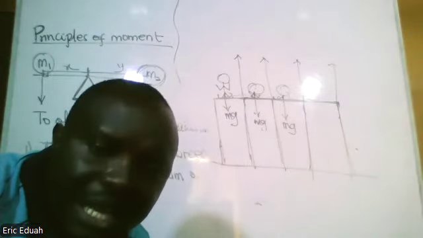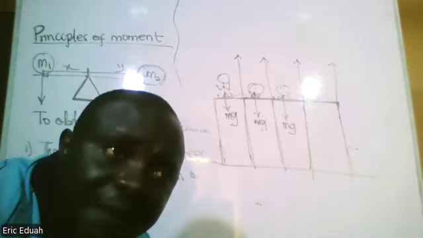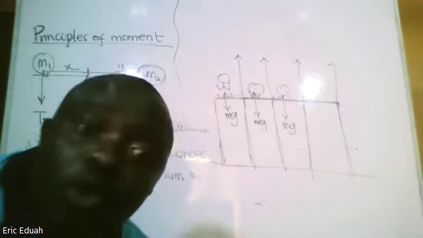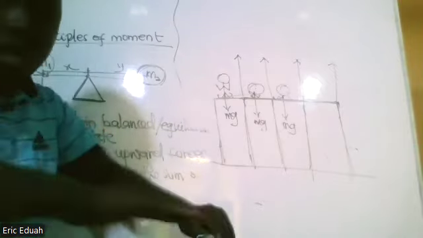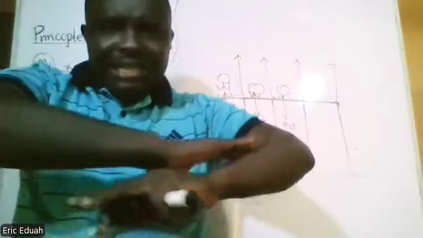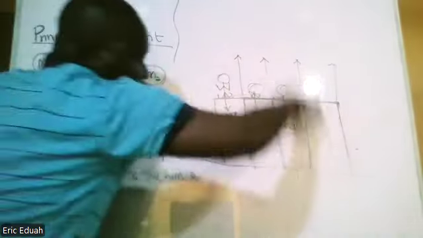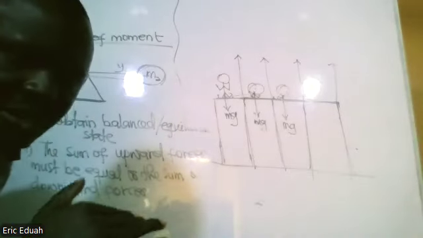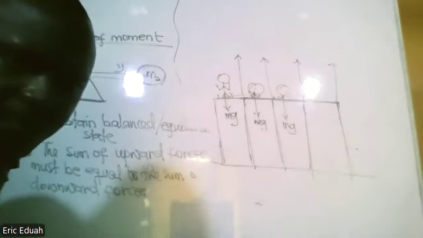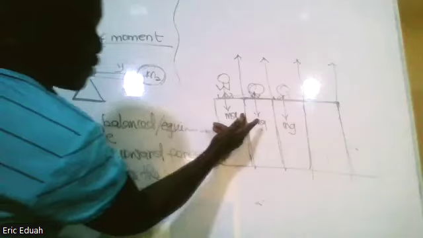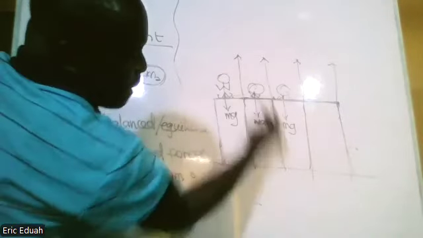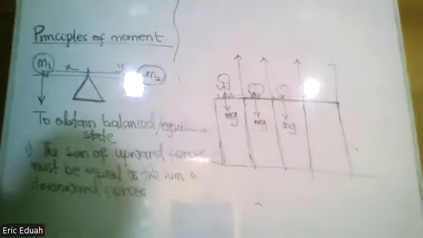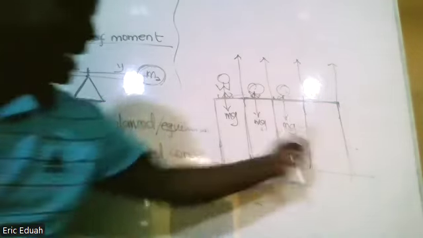There will be downward movement, and whenever downward movement comes in, we have the building collapsing. So for stability or equilibrium, the total downward forces must be at least equal to the total upward forces, which are the reactional forces produced by the columns.